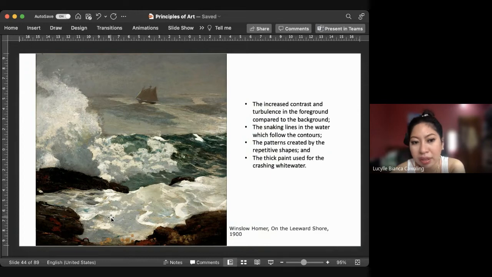And the lines of the water could also give the impression that there is movement. And then there is a repetitive pattern of shapes, and the thick paint is also used for the crashing white water.